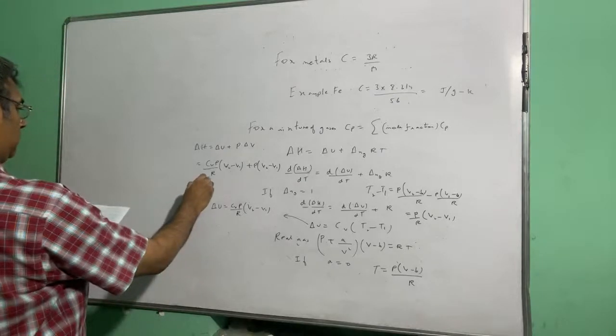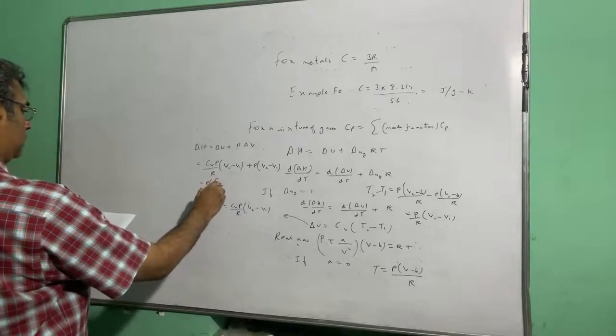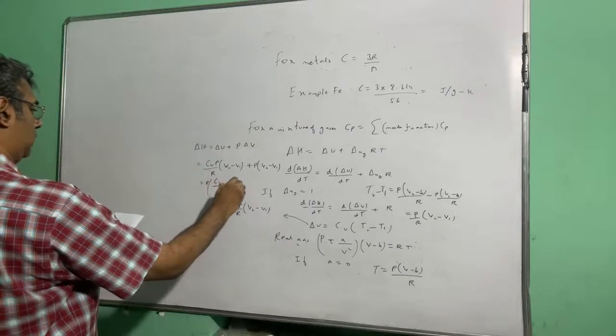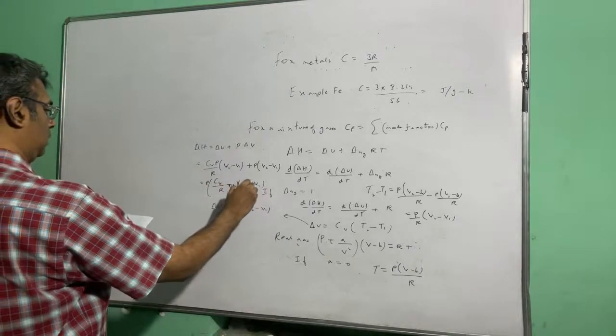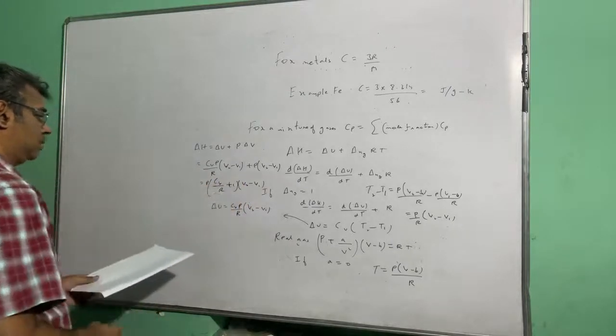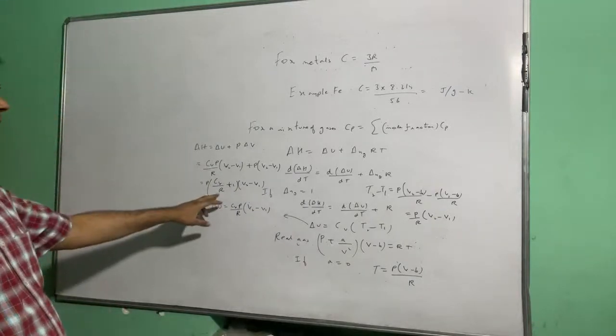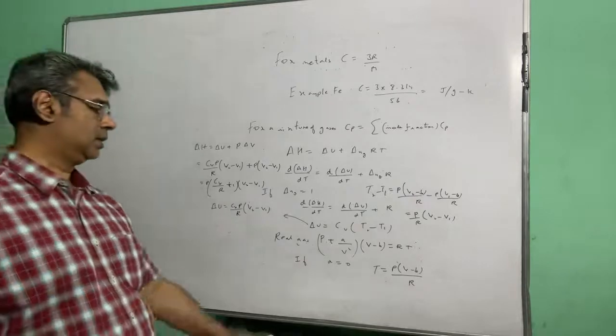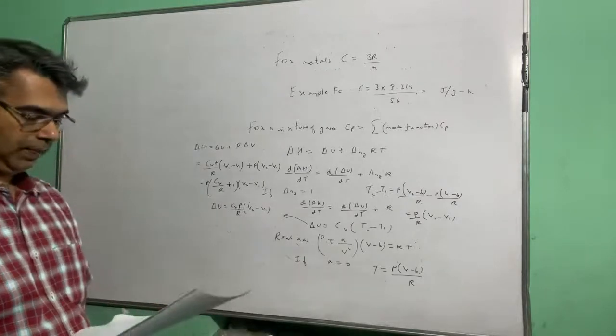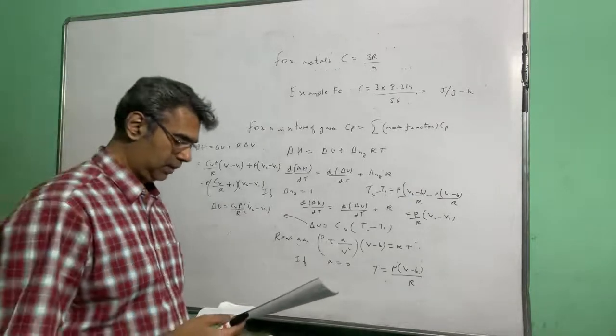So ultimately it is P into (Cv by R plus 1) into (V2 minus V1). So these will be the two formulas for delta U and delta H for real gases in which attraction is negligible.